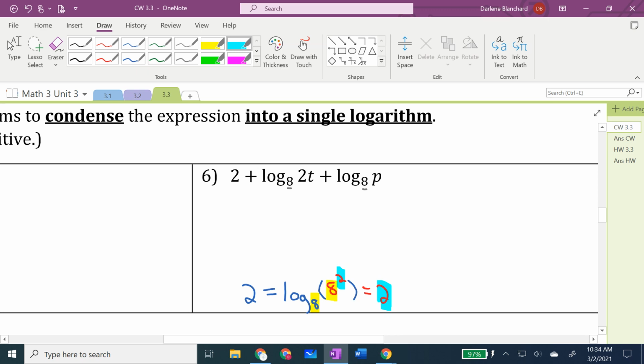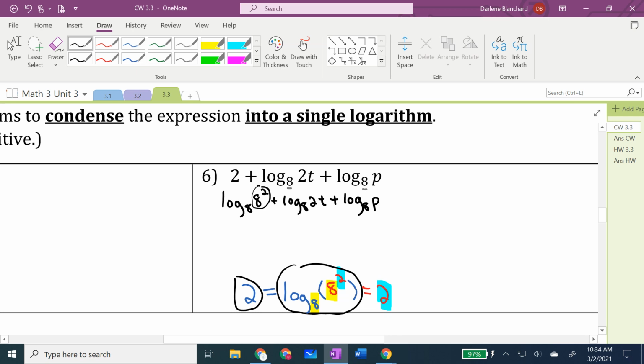So now you want to write 2 in this way. And you also want to simplify. And by simplify, I mean 8 squared is going to give you 64.